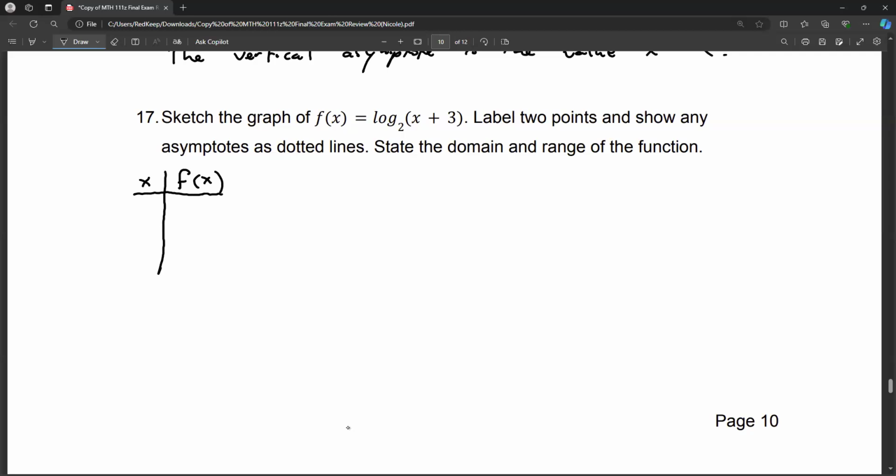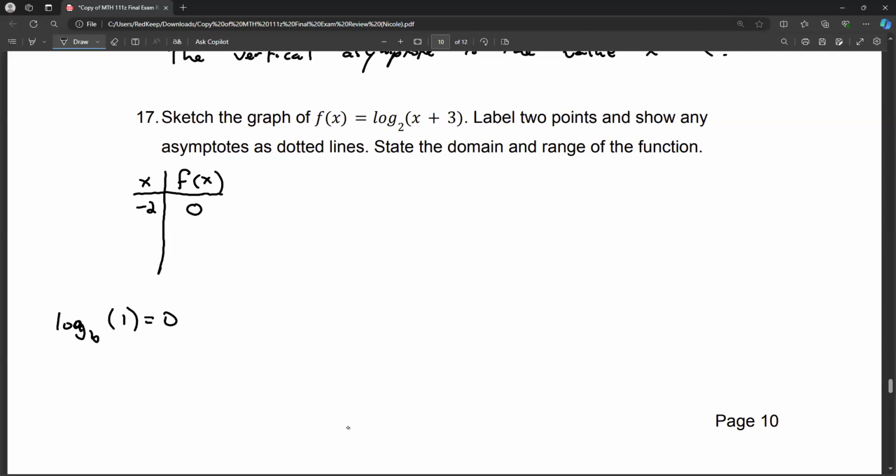Easy to calculate. So we know some rules here about logarithms, specifically that log base b of 1 is equal to 0. So here, my first value might be to try to make the argument equal to positive 1, which if I plug in negative 2, I would have negative 2 plus 3, which is equal to 1. And so here, the output would be 0. So perfect.